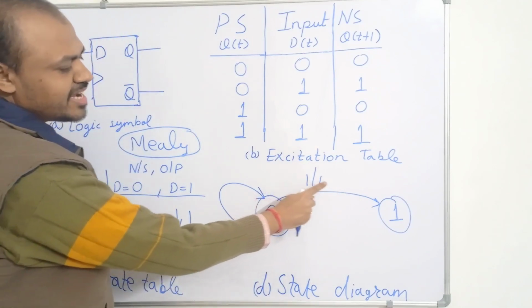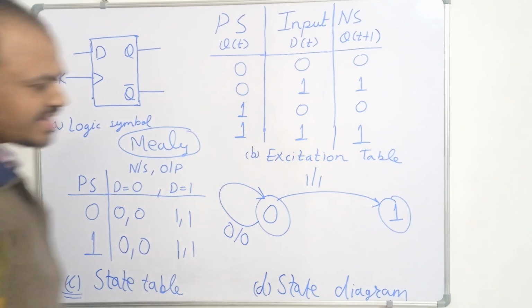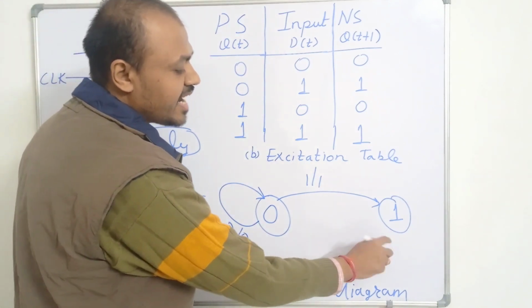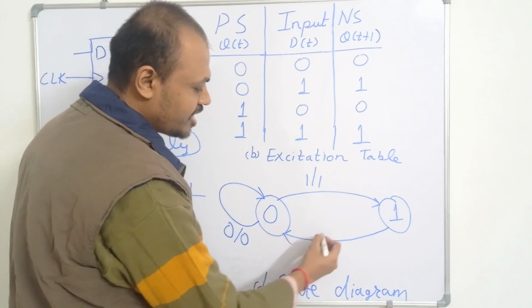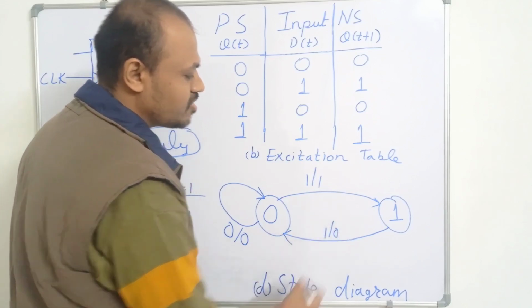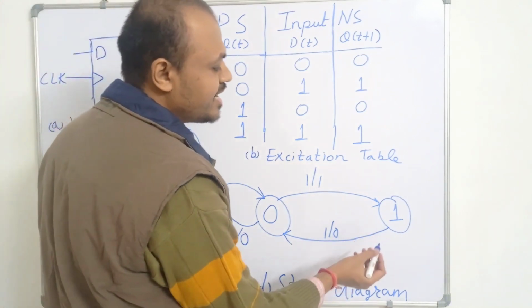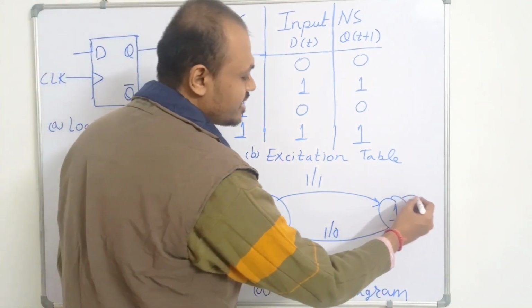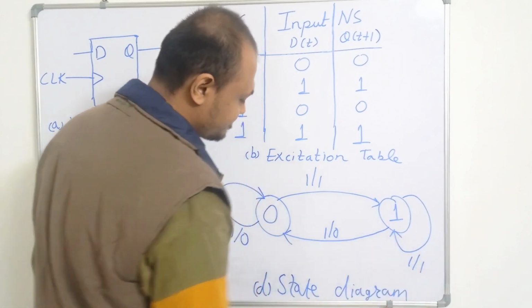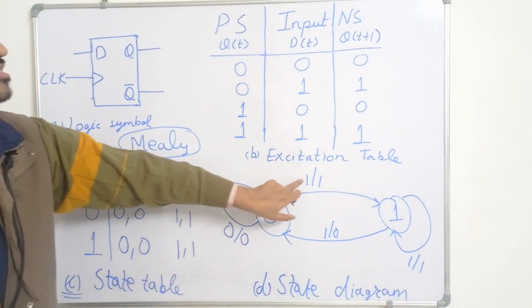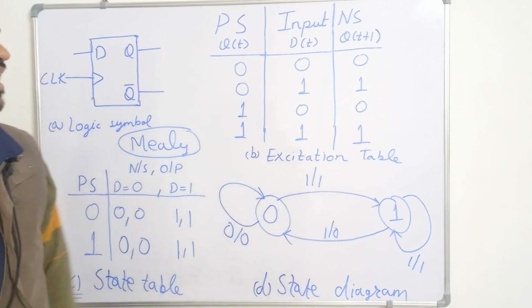So this denotes the input, this denotes the output. If present state is 1 and input is 0, output will be 0, so it is denoted by this 0 oblique 0. If present state is 1 and input is 1, output will be 1 only, so it is denoted by this arc 1 oblique 1. So the first bit denotes the input and the second bit denotes the output.